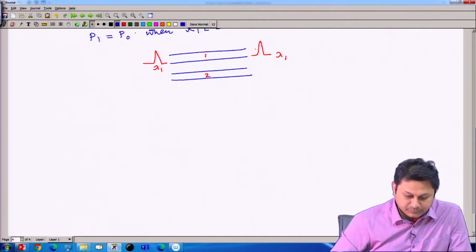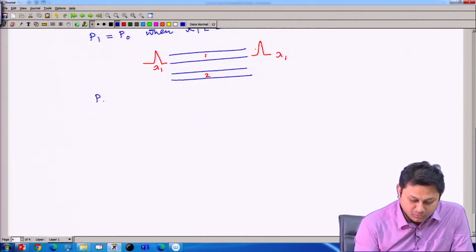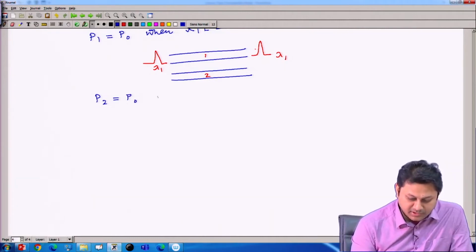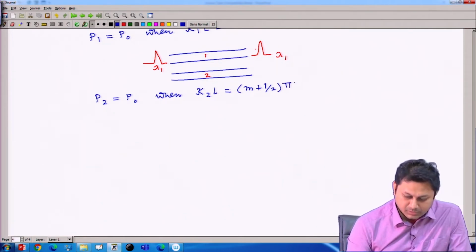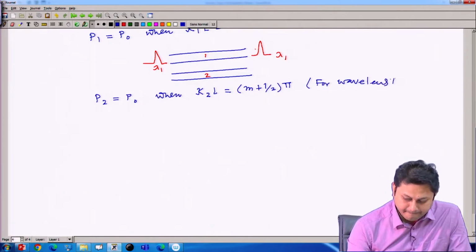However, P2 equal to P0 is a condition one can have when kappa 2 L is equal to m plus half, times pi, and this is for wavelength lambda 2.